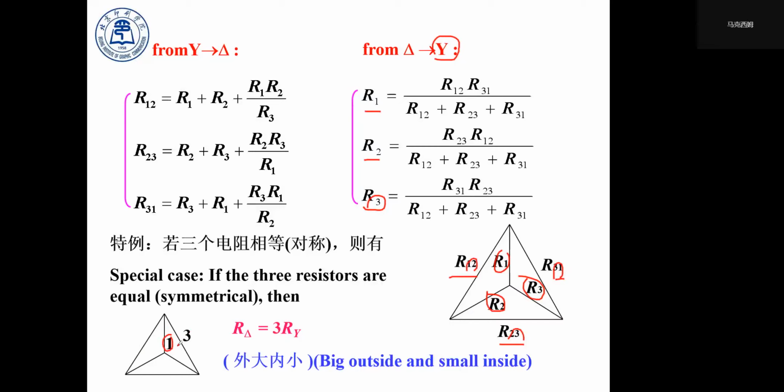So we have the principle: 3 times outside to the inside. So big outside and small inside. That's how we're going to remember that. So this is a trick to remember that much more easily.